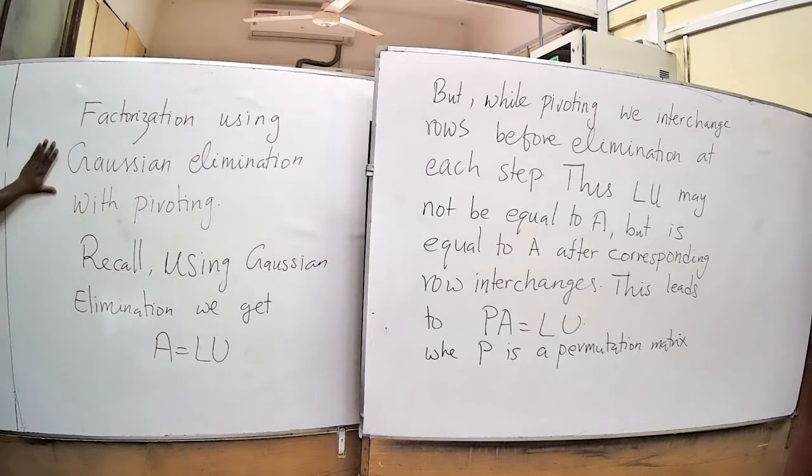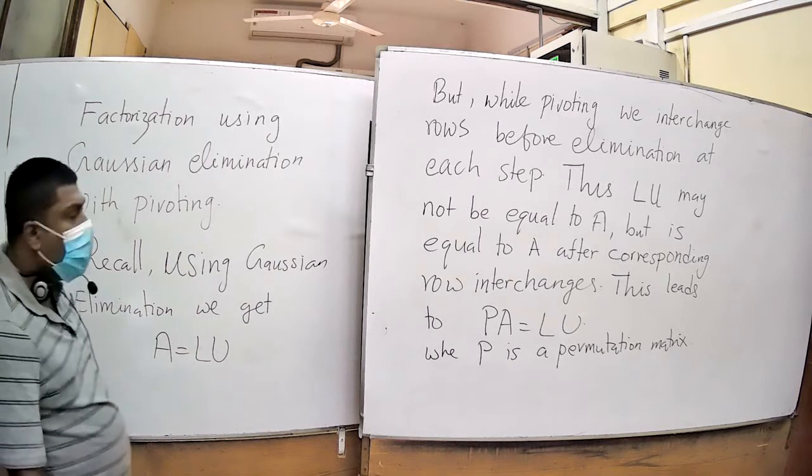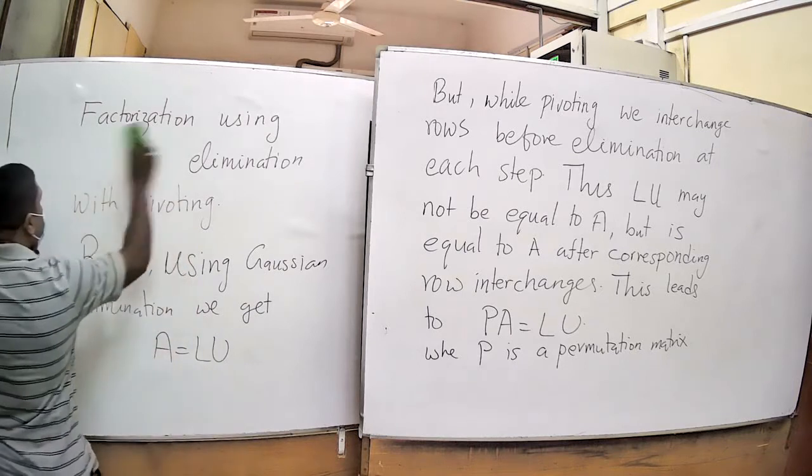P is a permutation matrix which records the row interchanges that happen in the process. Let me show you how this can be done in an example.